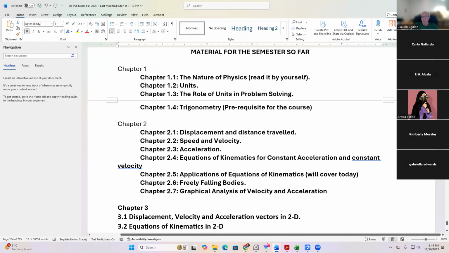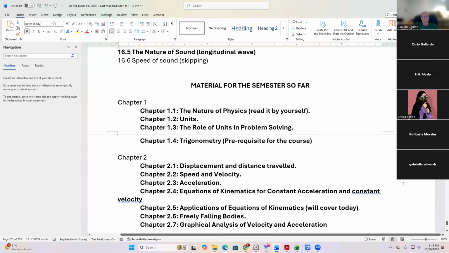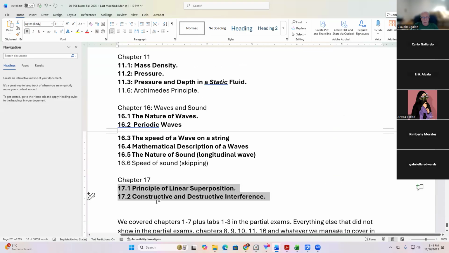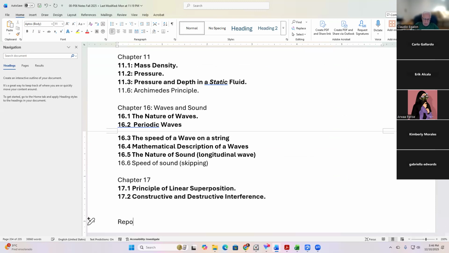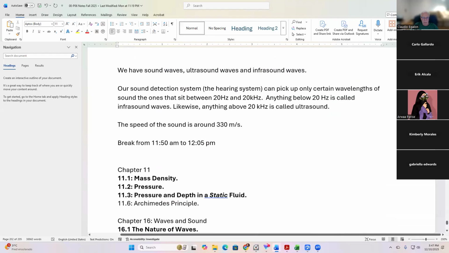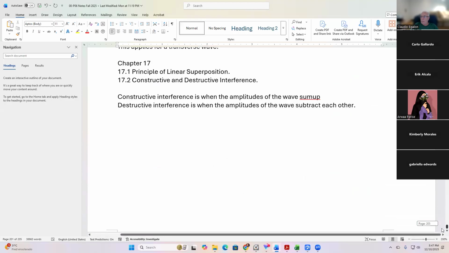So this is the whole material of the semester. And also, let me put here reports for labs 1 through 5. We couldn't do 6, unfortunately, since we spent so much time with the first lab, we ended up not being able to cover the other experiments.